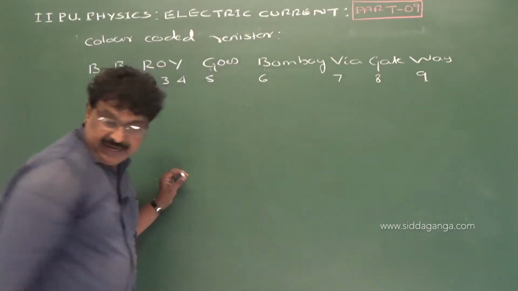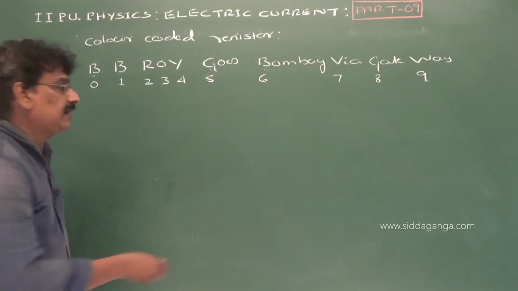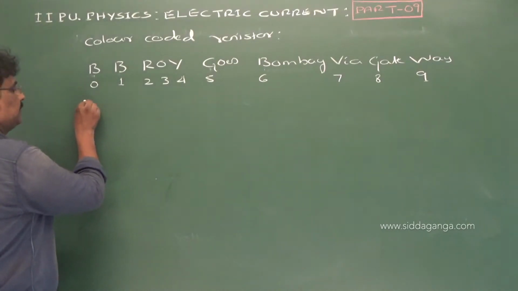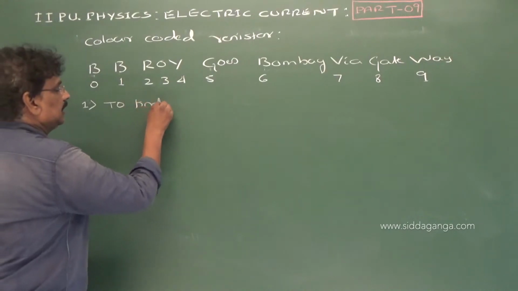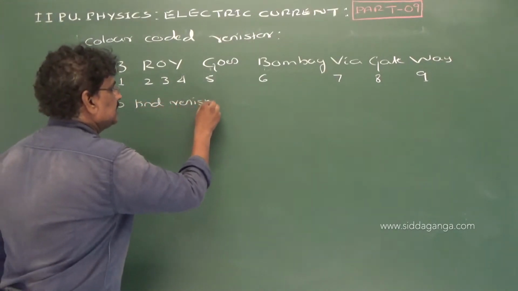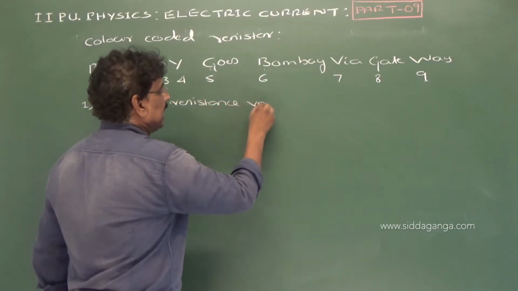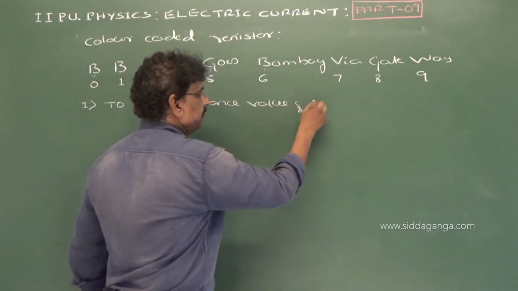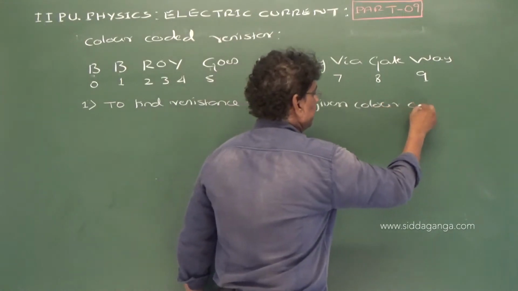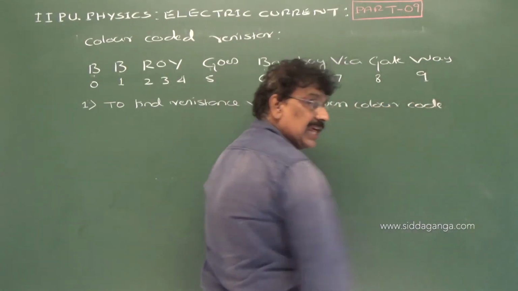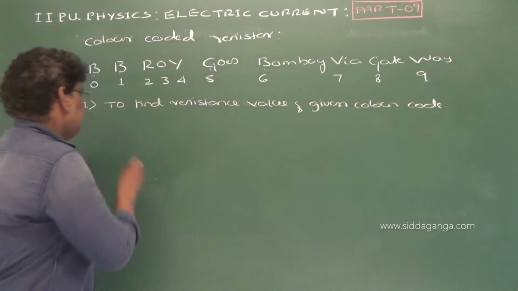Using that, let us find number 1: the resistance value of a given color code.